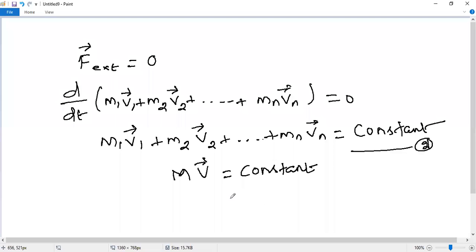Okay. So now the system of particles has three tracks. One is the center of mass. Second one rotational motion. Third one moment of inertia. So now we completed center of mass. Tomorrow's class onwards we will discuss rotational motion and how it is related to our day-to-day life.